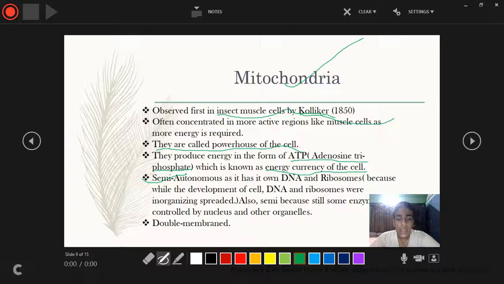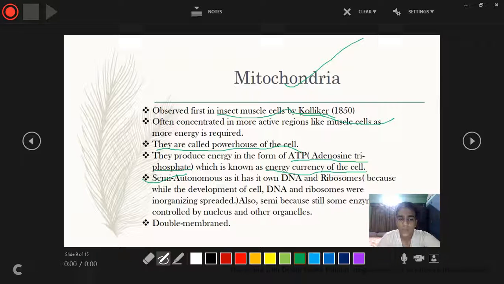I think you have heard this, I do not have to tell again and again: plastids and mitochondria are called semi-autonomous organelles. Now you may ask who is fully autonomous? It is the nucleus. The nucleus is called the brain of the cell, so it is fully autonomous.